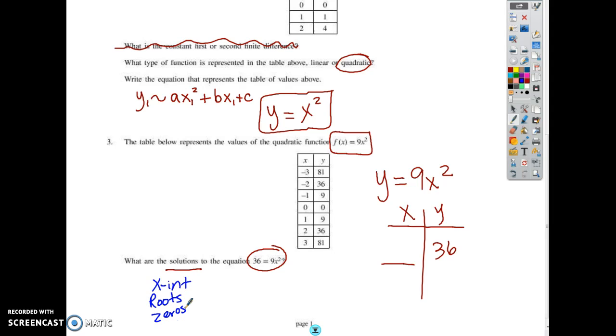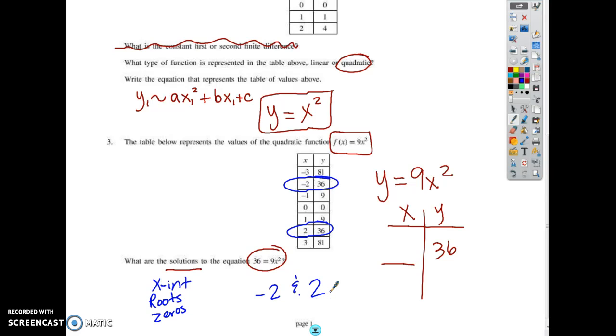Those all mean the same thing, so we're looking for the x-intercepts, right? The roots, the zeros. Except, in this case, because it's not equal to 0, it's equal to 36. We're looking for when it gives you 36. So the answers are there. And we have -2 and 2.